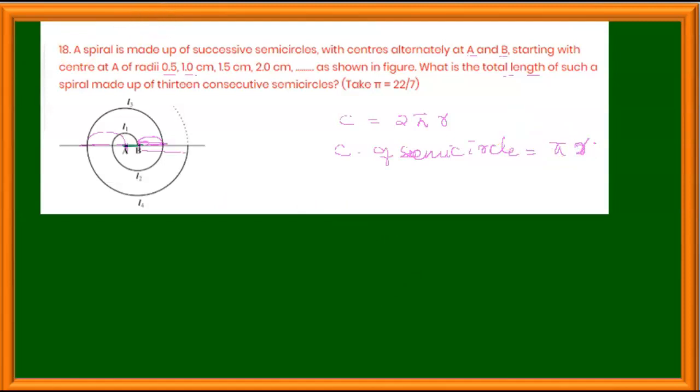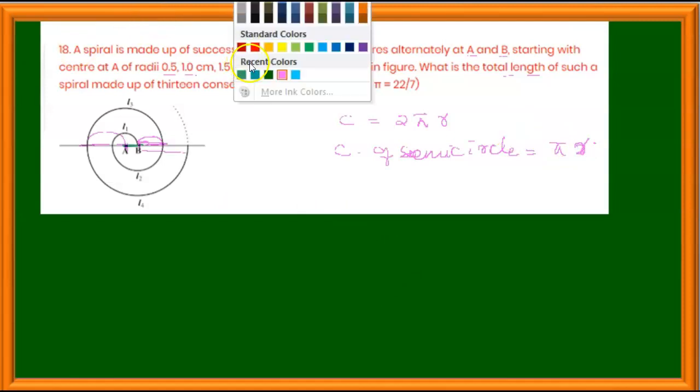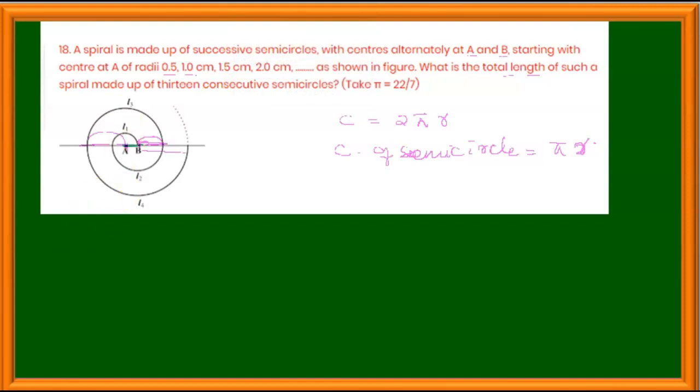So pi into r1, and we can write the terms for each one. The first term is pi into R1, the second term becomes pi into R2, the third pi into R3, and so on.